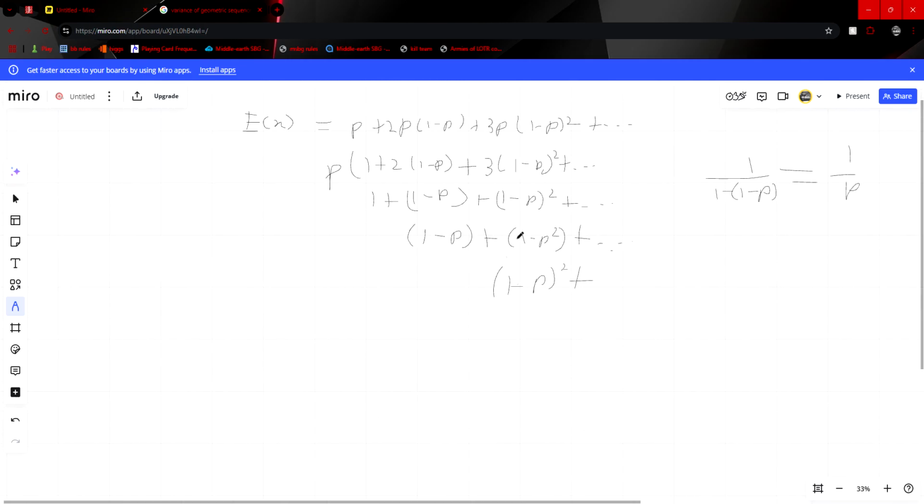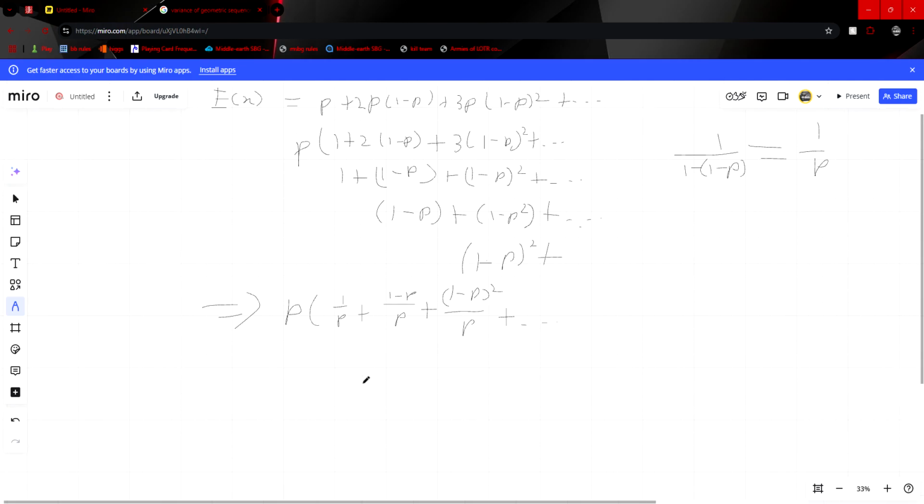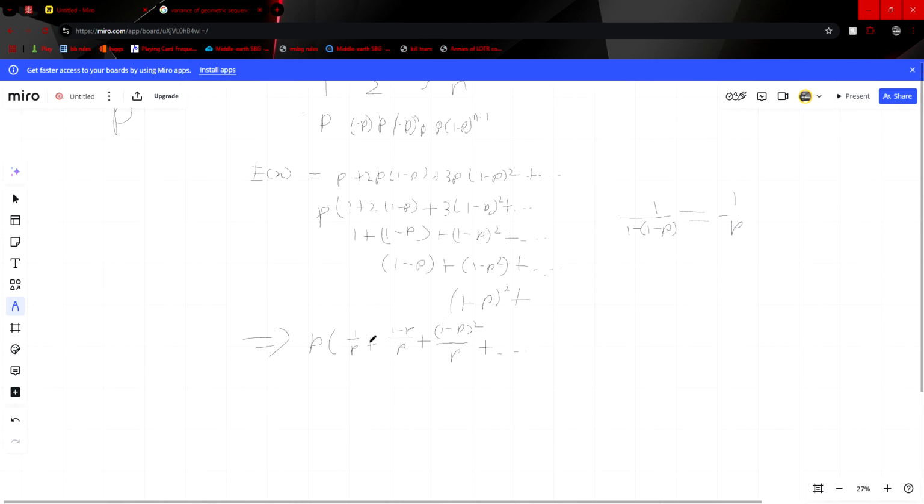So the sum of all of this is just going to be p times (1 over p plus (1 minus p) over p plus (1 minus p) squared over p plus ...). And then these p's cancel out. So we get 1 plus (1 minus p) plus (1 minus p) squared, which is the same as this one, which we already know is equal to 1 over p. So the entire sum is 1 over p.